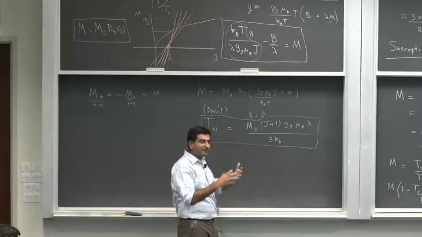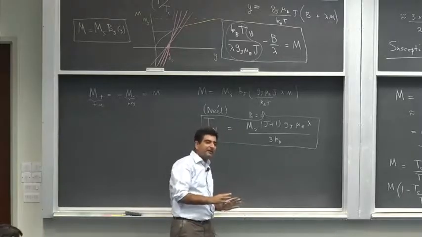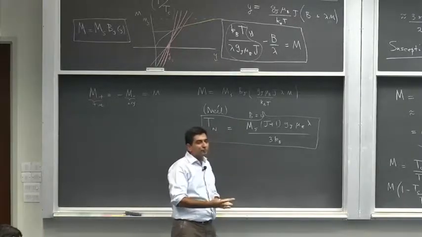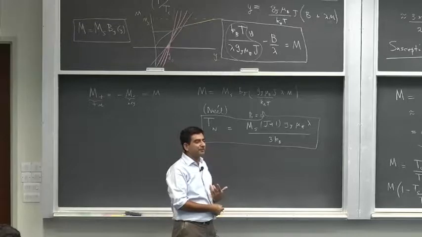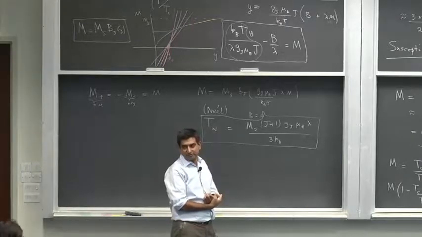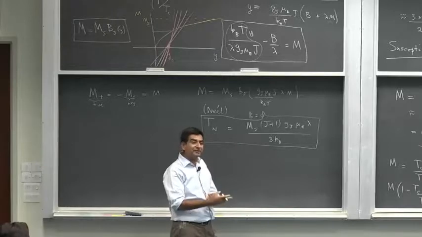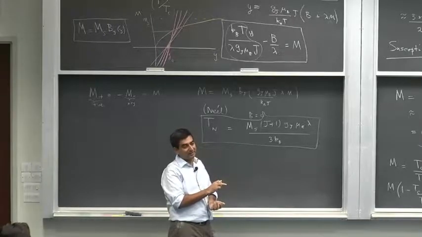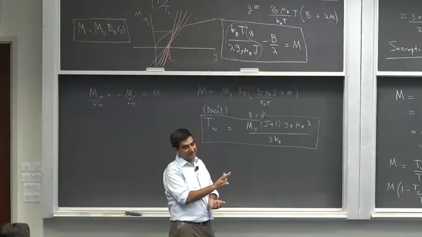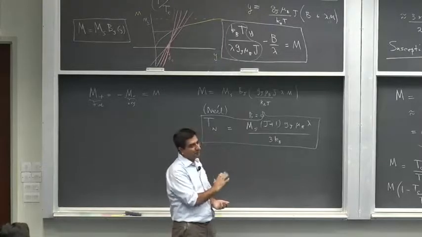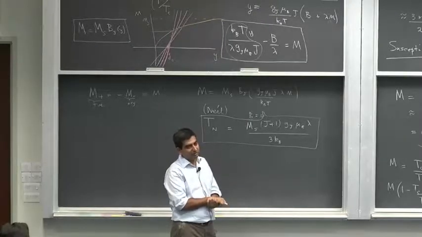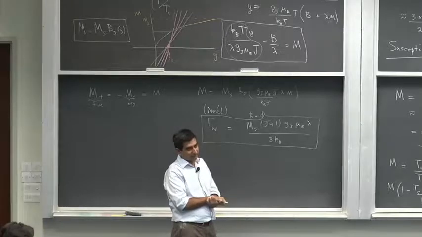So this defines the temperature at which an antiferromagnet undergoes a phase transition and becomes a paramagnet. So now what we would like to do is find out the susceptibility of an antiferromagnet beyond its Neel point, beyond its Neel temperature.